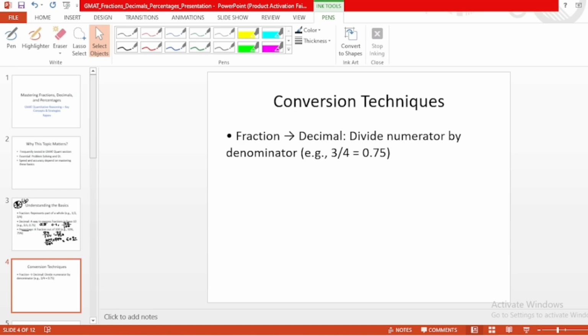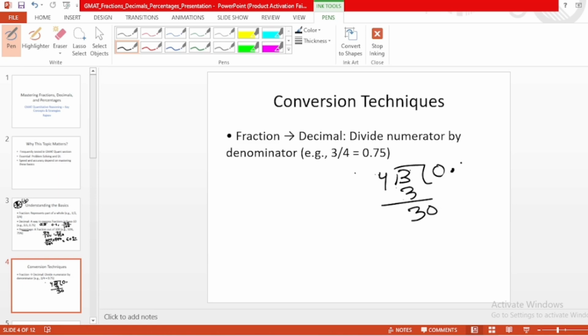Now fraction to decimal, how do we convert? Divide the numerator by the denominator. Suppose we take 3 by 4. The numerator is 3, and you just need to divide it by the denominator, which is 4. After division, we put a 0, we get 3. Then we put a decimal point here.